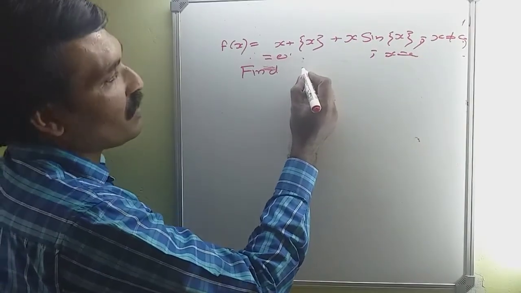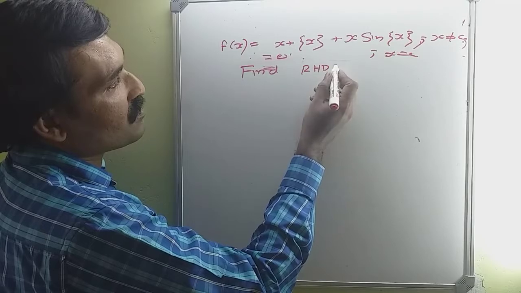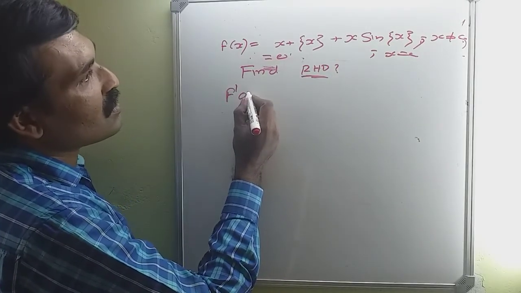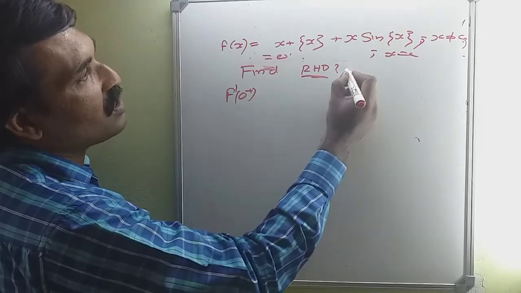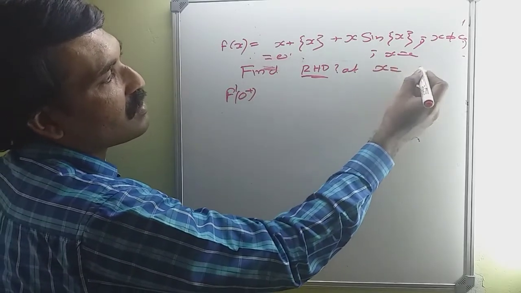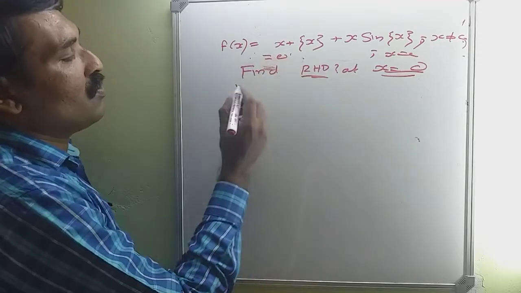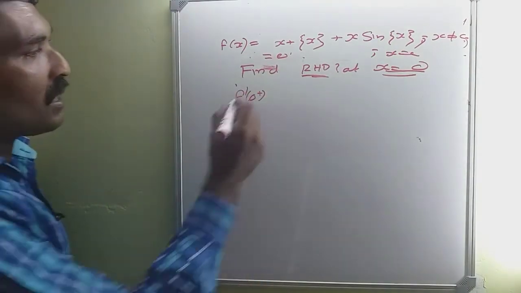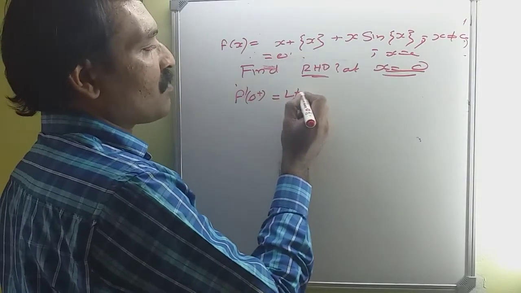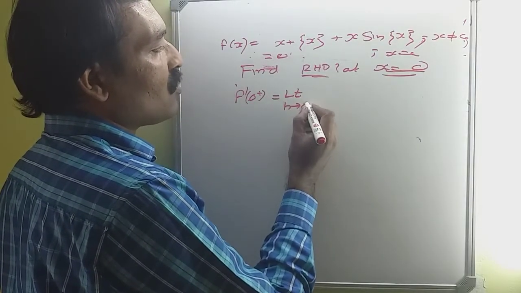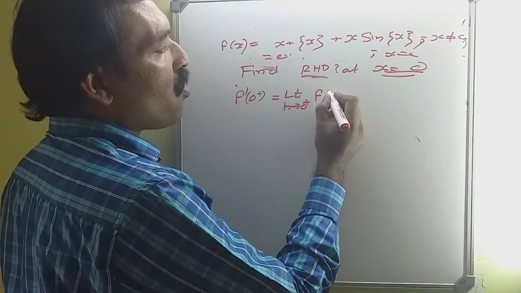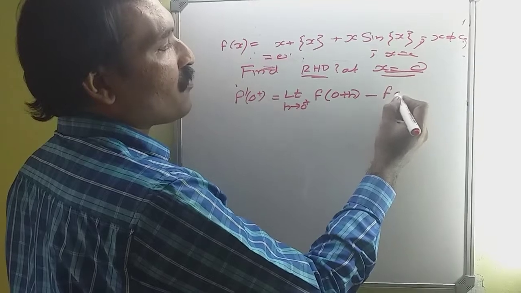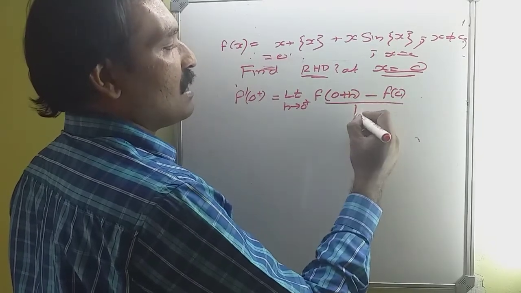Find the right hand derivative RHD. What is RHD? That is f dash 0 plus. Find RHD at x is equal to 0. So RHD means f dash 0 plus, which is equal to limit h tends to 0 plus of f of a plus h, that means f of 0 plus h minus f of 0, divided by h.